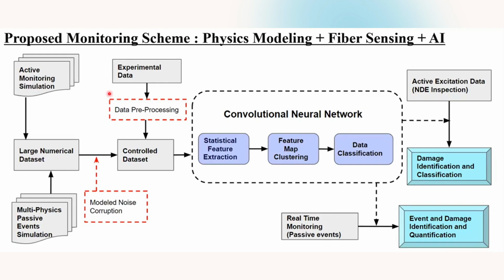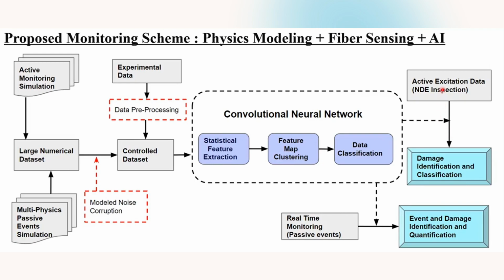And then they have experimental data, then they pre-process the data, then they have the controlled data set that is used to train the convolutional neural network model, statistical feature extraction and feature mapping clustering, then data classification.